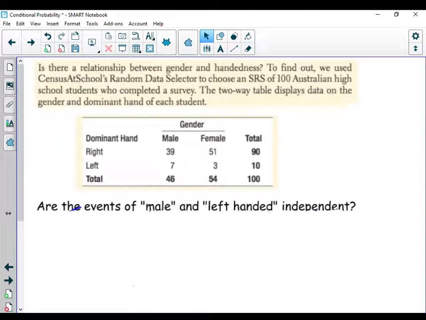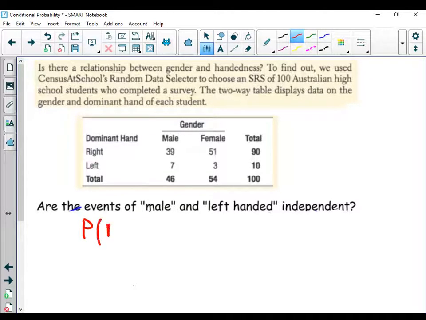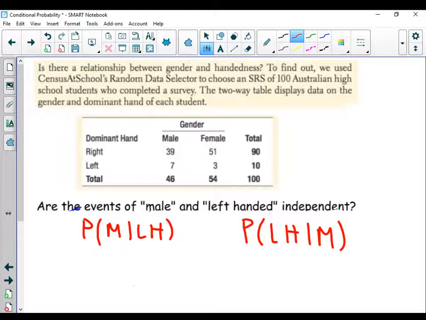Are the events of male and left-handed independent? Okay. So first I want you to look at the probability that it's a male given they are left-handed. Then I also want you to do the probability that they're left-handed given they are male. Go ahead and find both of those.